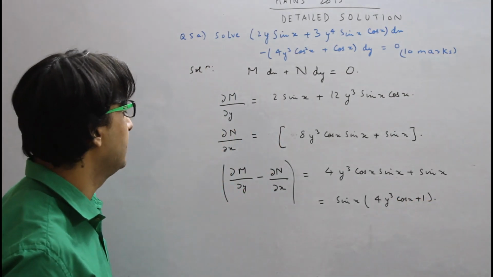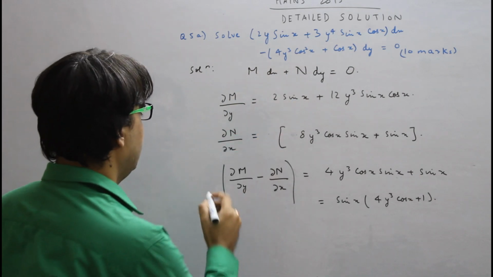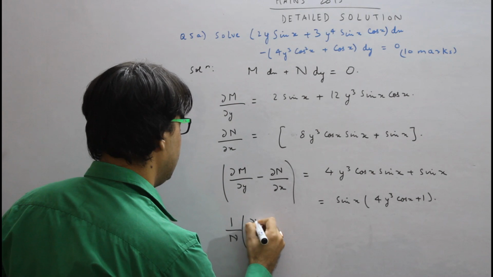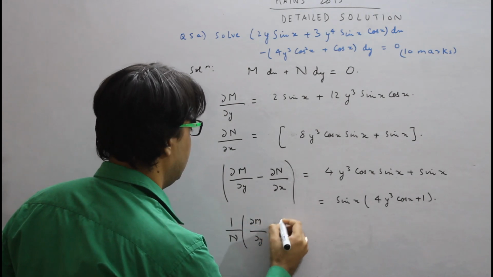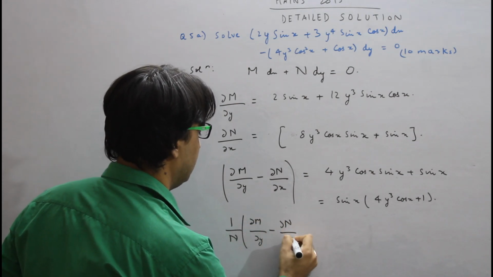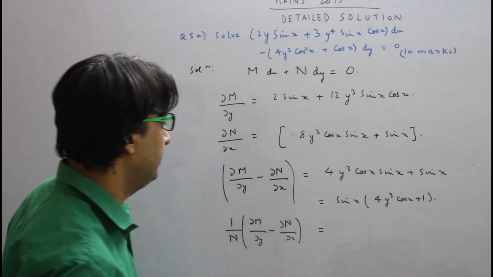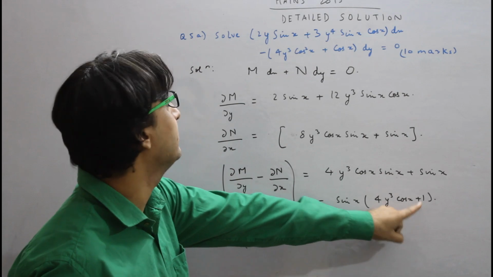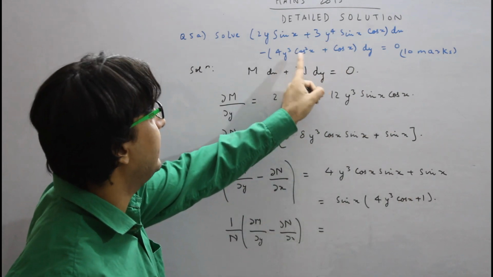And now I write this as 1/N, which is the standard format of finding the integrating factor. Then we can see here that in 4y^3 cos x + 1, if we take cos outside, that is common.